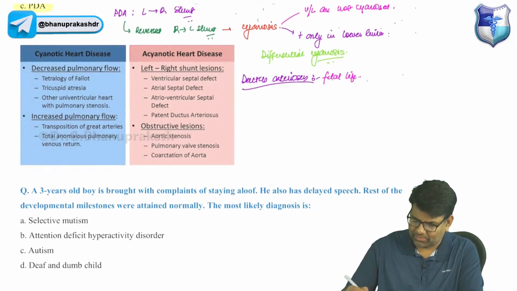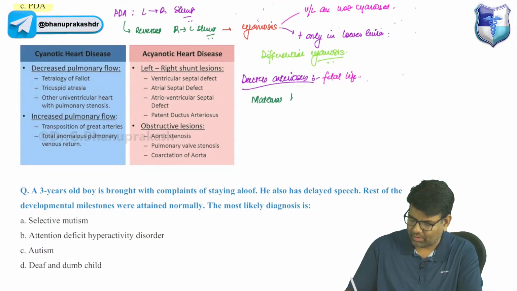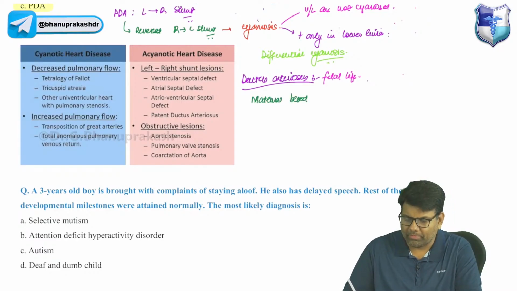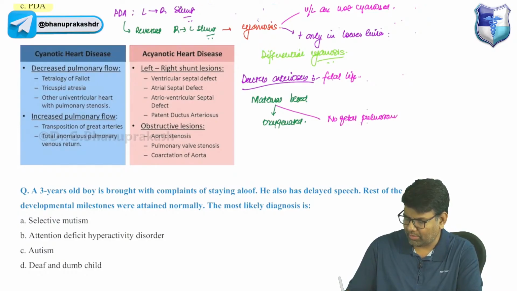See what happens, whatever blood is coming into the fetal circulation, that is coming from the mother. That is all maternal. This is already oxygenated, and moreover there is no fetal pulmonary physiology.